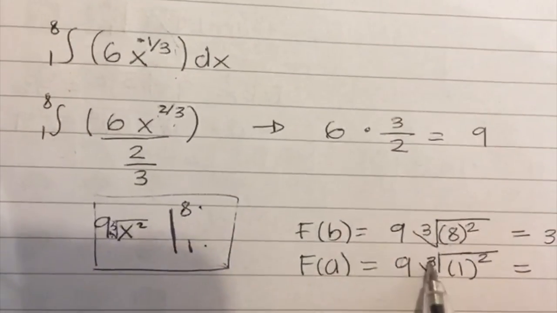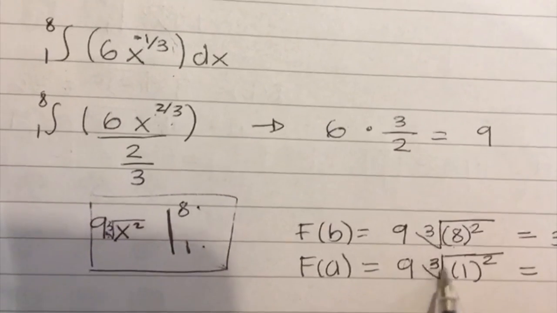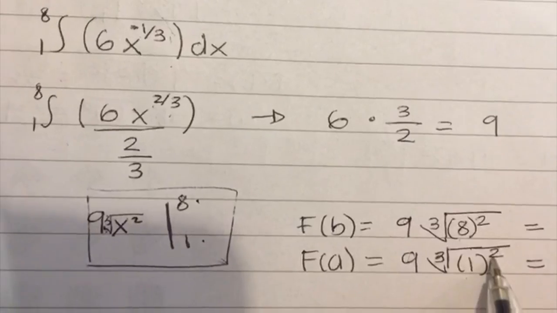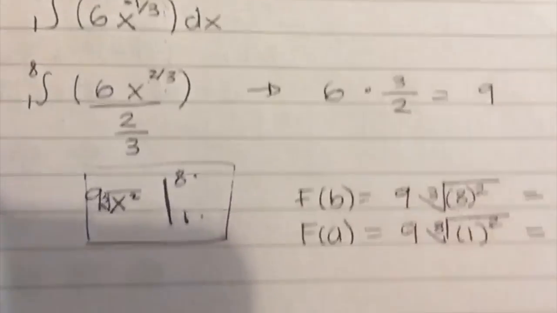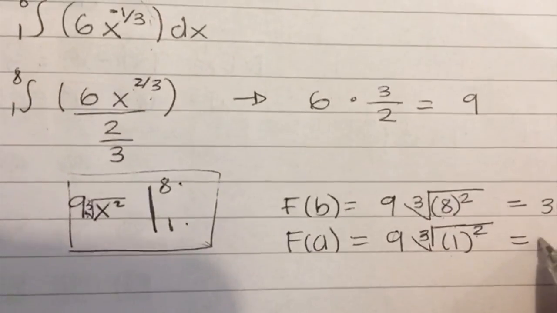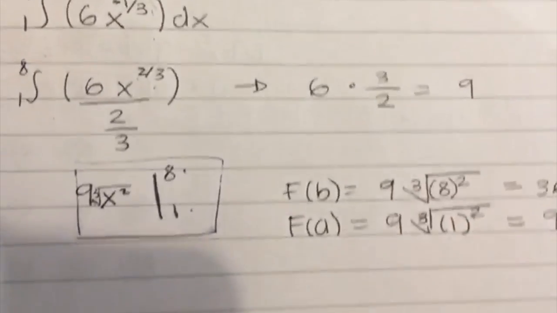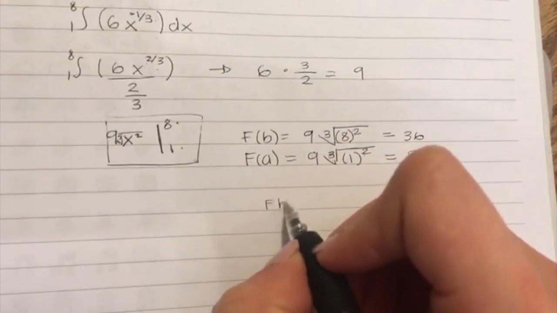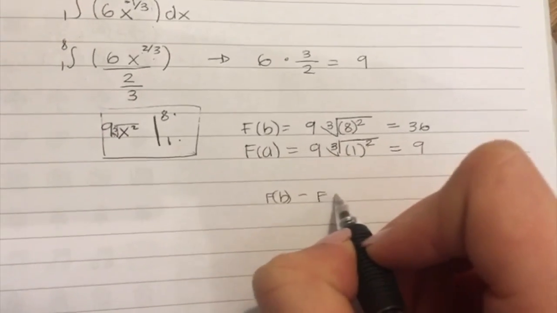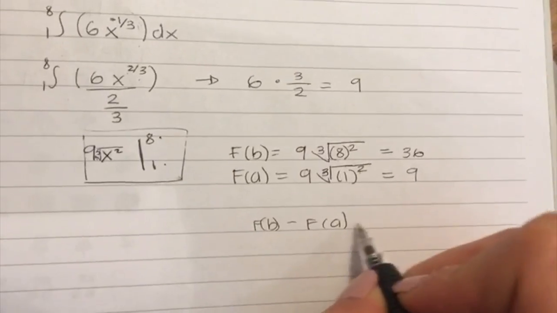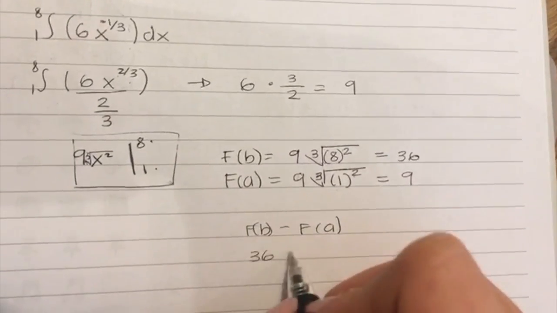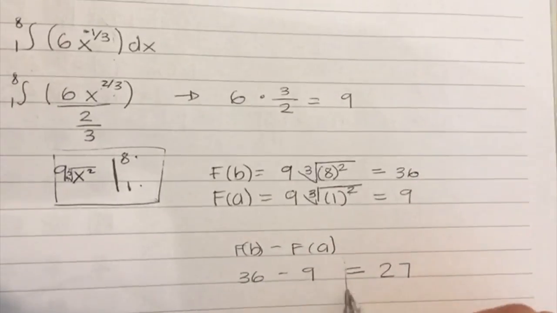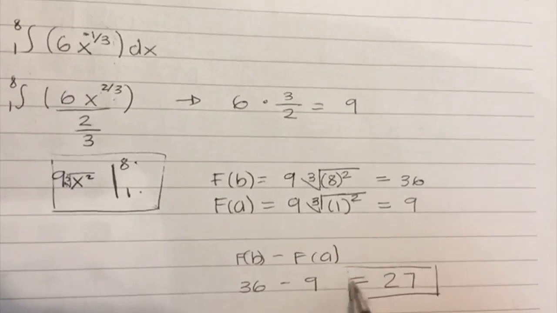And then the cube root of 1 is 1, times the power of 1, it's 1, times 9, it's 9. So the equation for this is f of b minus f of a. So this equals 36 minus 9, and it's equal to 27, and that is my final answer.